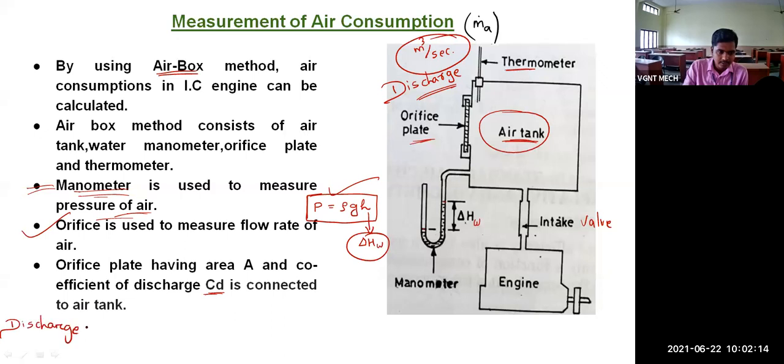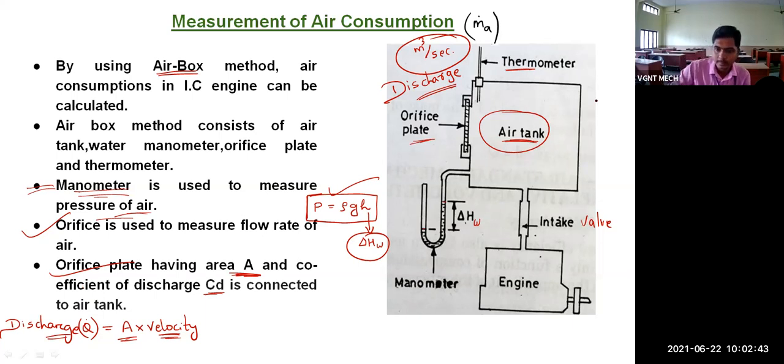If you want to measure the discharge, which is indicated as Q, it's nothing but area into velocity. The orifice plate area we are considering as capital A, and velocity means the velocity with which the air is flowing. From these two things, we can calculate the discharge from this orifice plate.